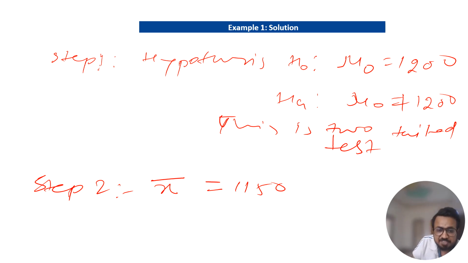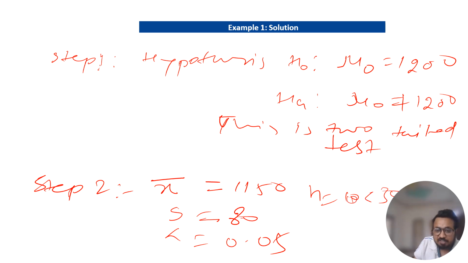You can see it is the sample standard deviation. S is equal to 80, right? Alpha equal to 0.05. N equal to 10. This is small n. This is less than 30. That's why this is a small sample size. So we will use the t-test, right?